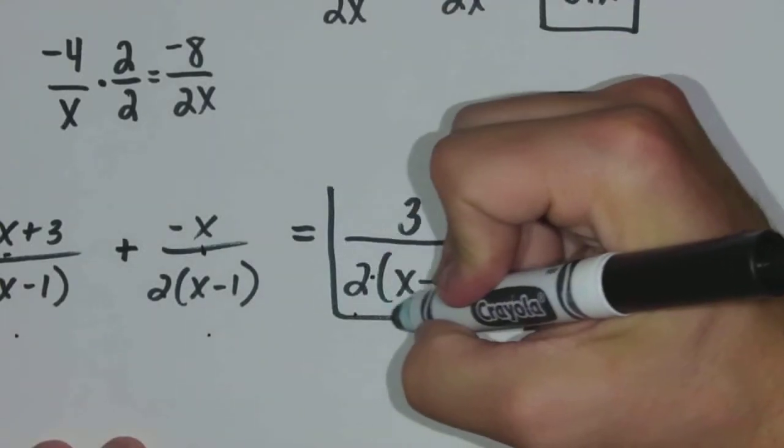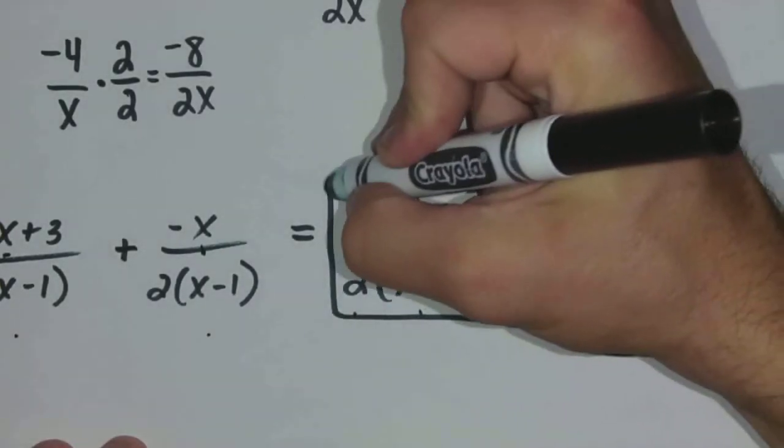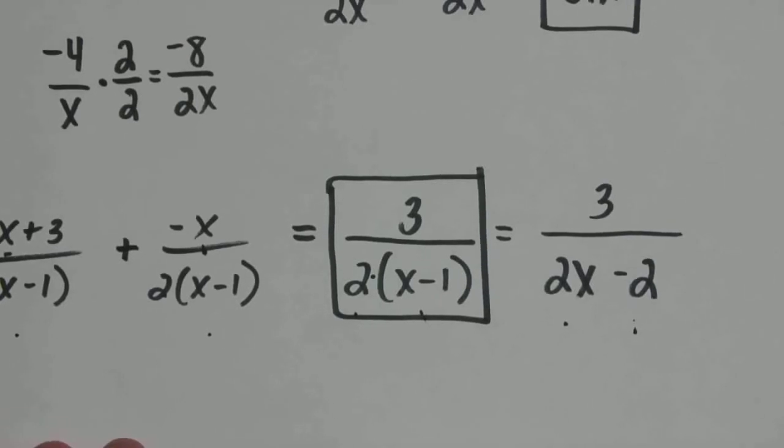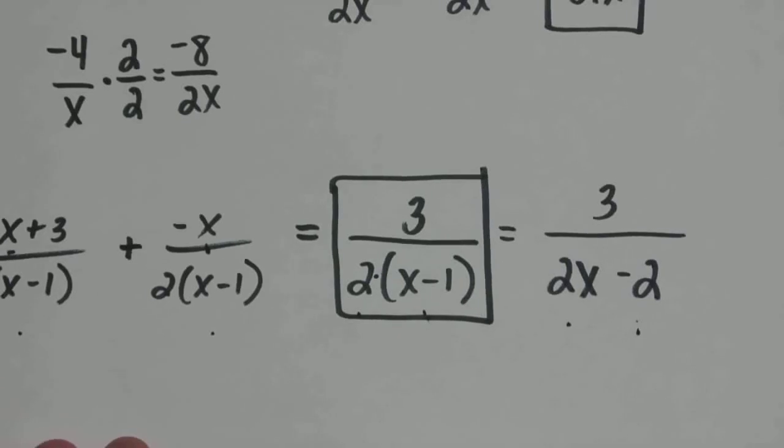I would much rather have mine in factored form because it will help when I multiply and divide. Again, both would be acceptable, but let's keep them in factored form when possible. Like I said, if you want to, join us on our next lesson on multiplying and dividing rational expressions.